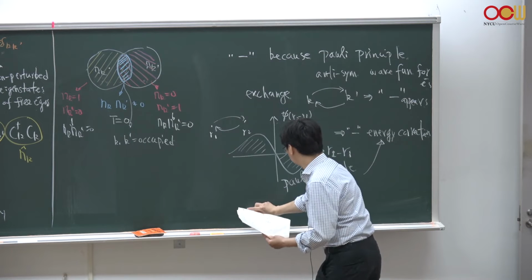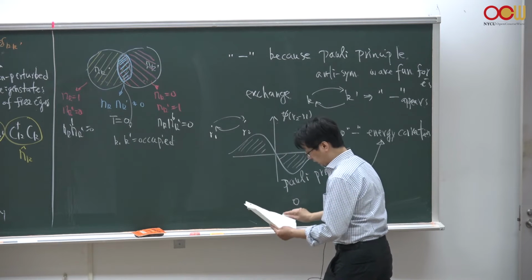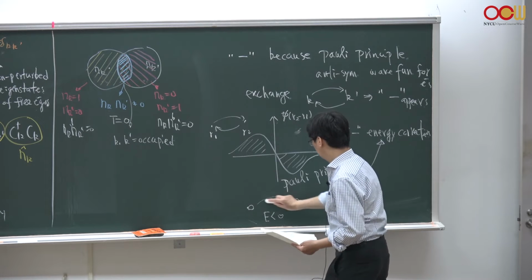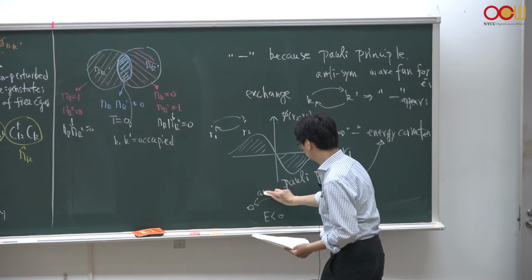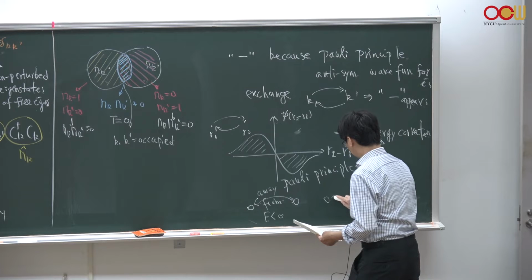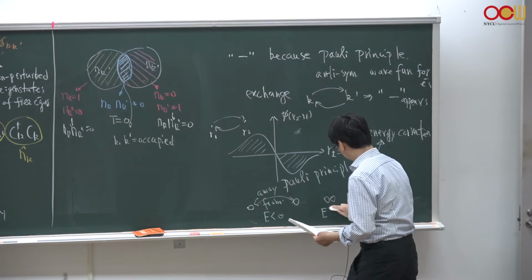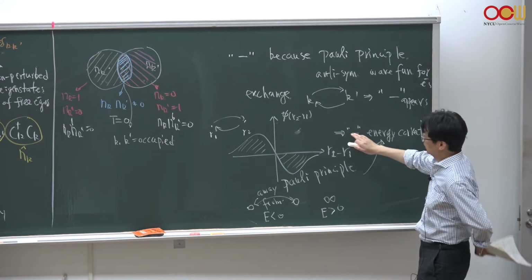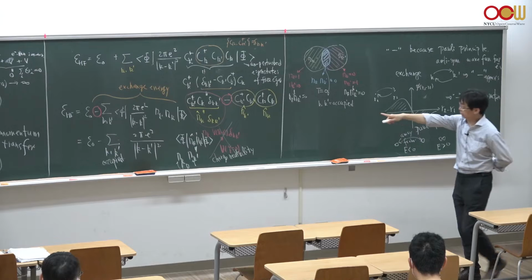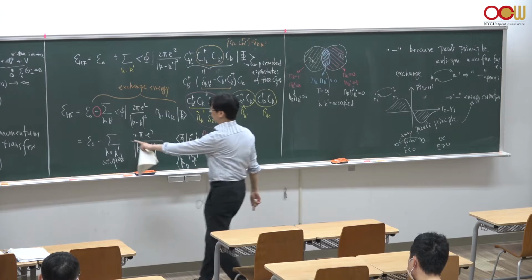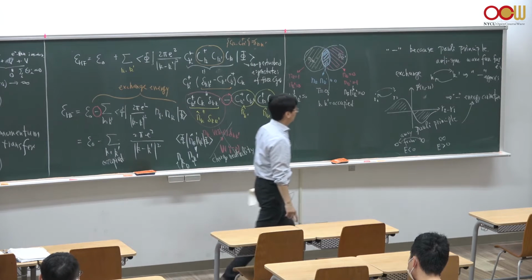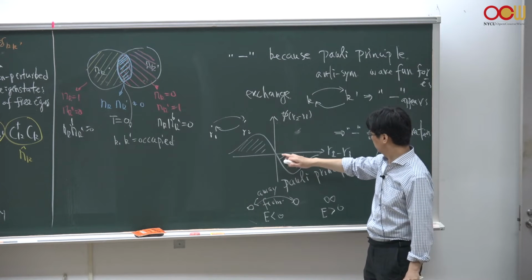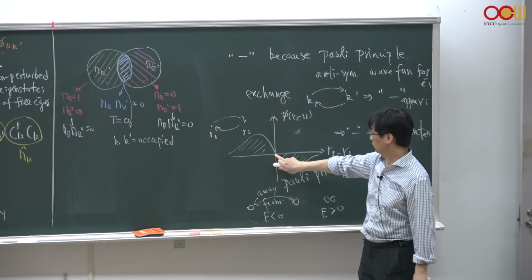Which means that these two electron wave functions actually get more stable if they are away from each other. If they're too close to each other, the system becomes unstable. So the minus sign in the energy correction that we just calculated has its origin in the Pauli exclusion principle, that these two fermion wave functions do not overlap at zero.